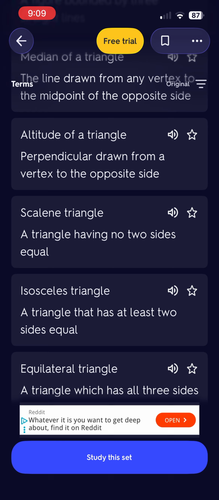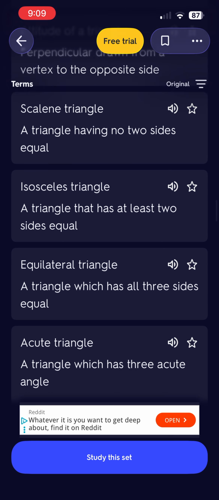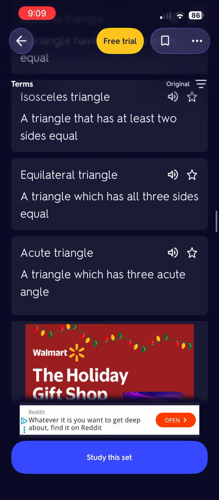Scalene triangle. A triangle having no 2 sides equal. Isosceles triangle. A triangle that has at least 2 sides equal. Equilateral triangle. A triangle which has all 3 sides equal.